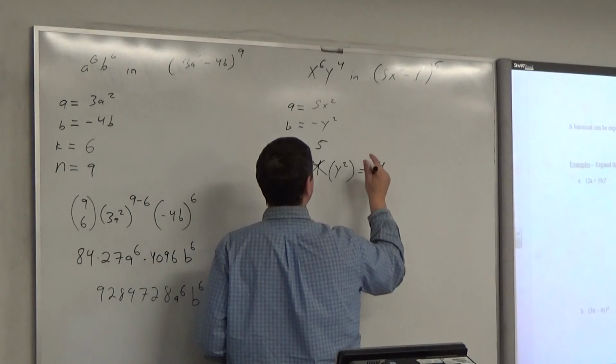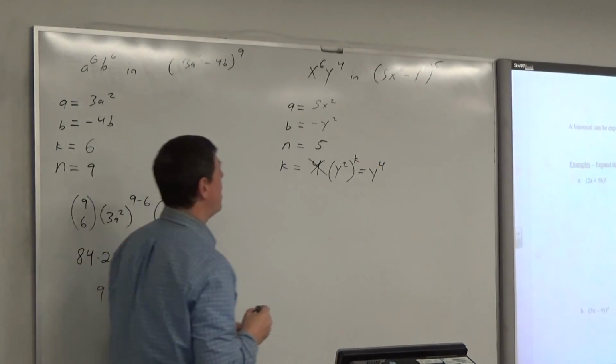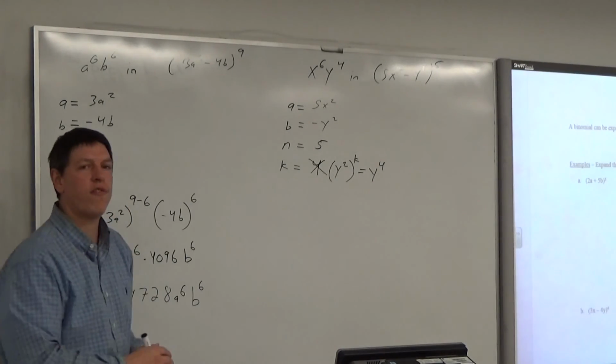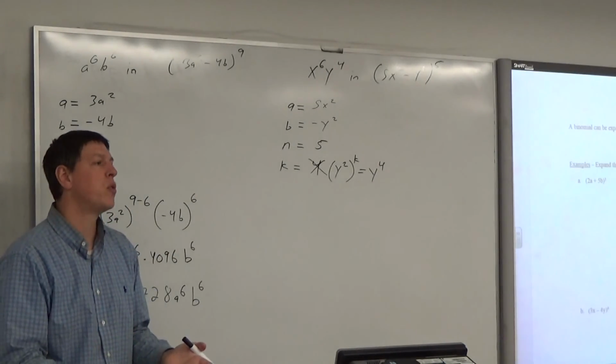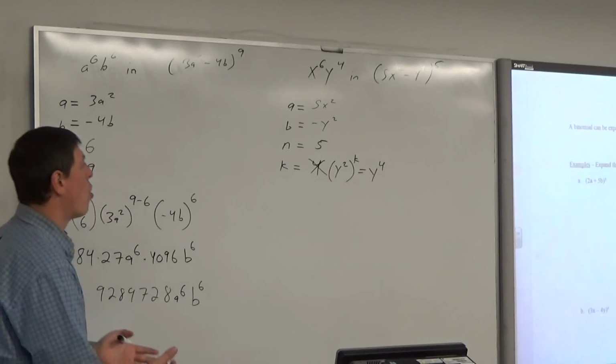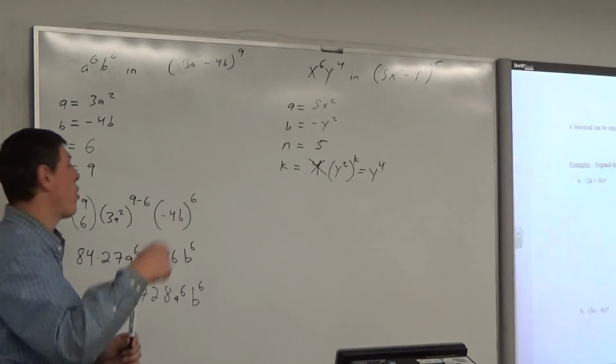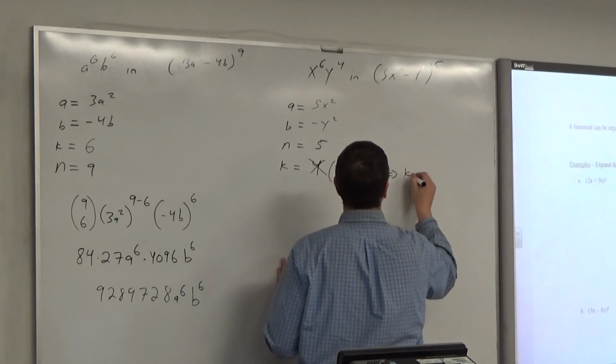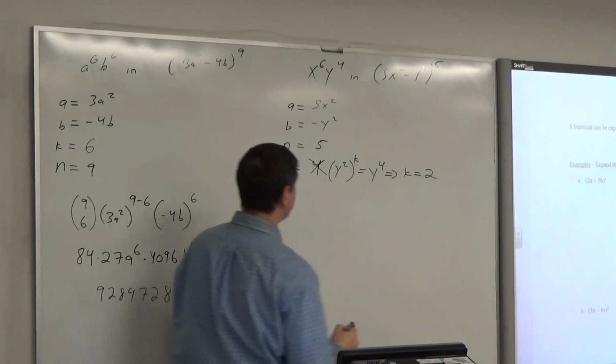Or in other words, y squared to the k equals y to the 4th. Now the only reason we didn't do that before was because the exponent was to the first power. But since the exponent's to the second power, we have to ensure that we get to the right one there. And John, you're absolutely right. It's actually going to wind up being that k is equal to 2.